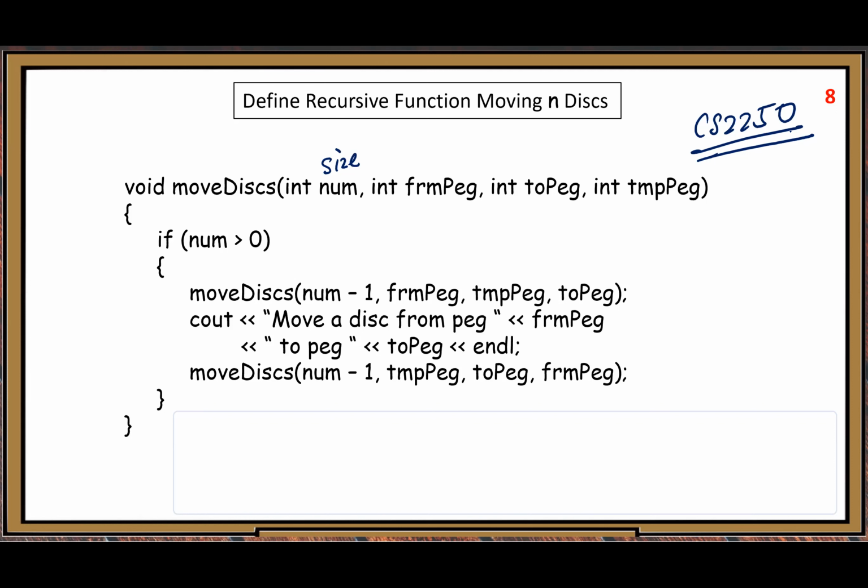So you need to call the recursive function another time for n minus 1 disks. But this time you just change the peg numbers: from temp, to destination, and use the from peg as the temporary.